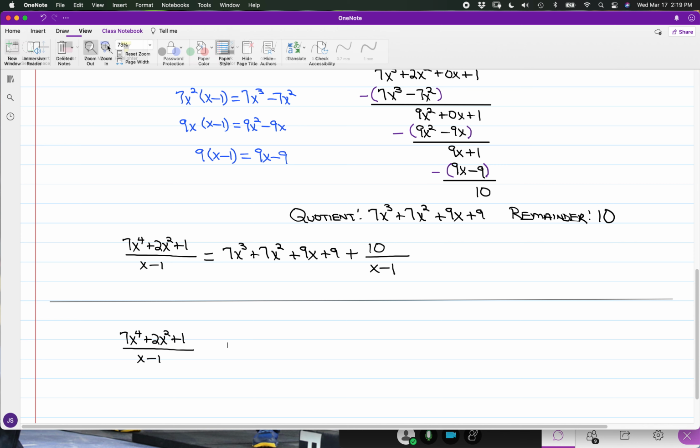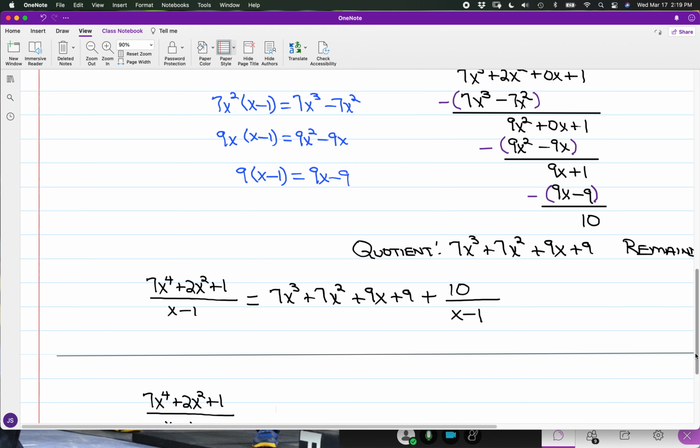And again, before we had with the long division setup.